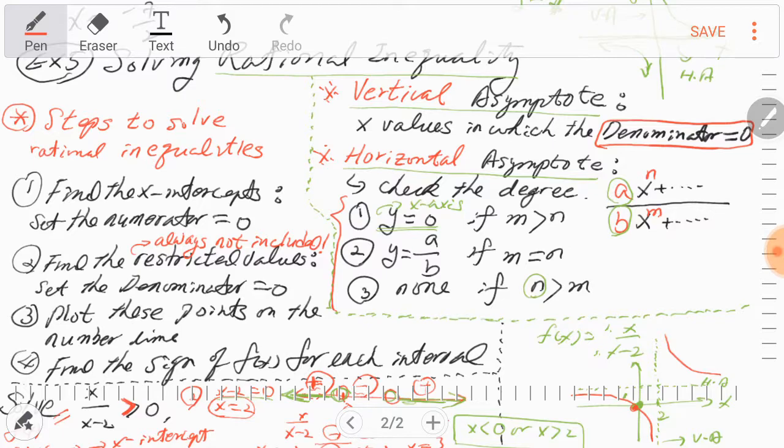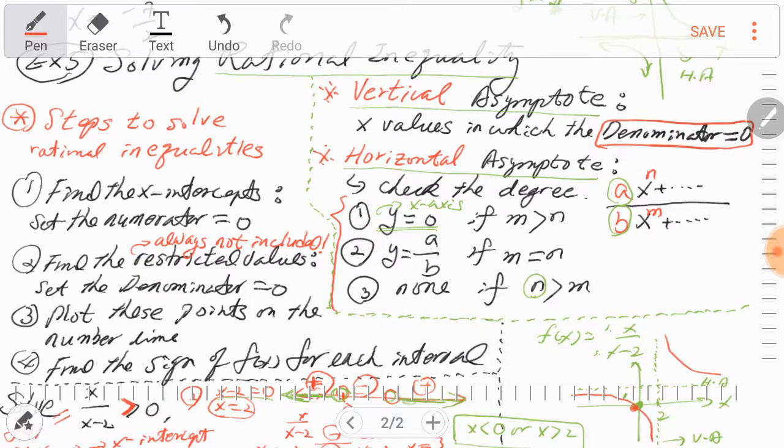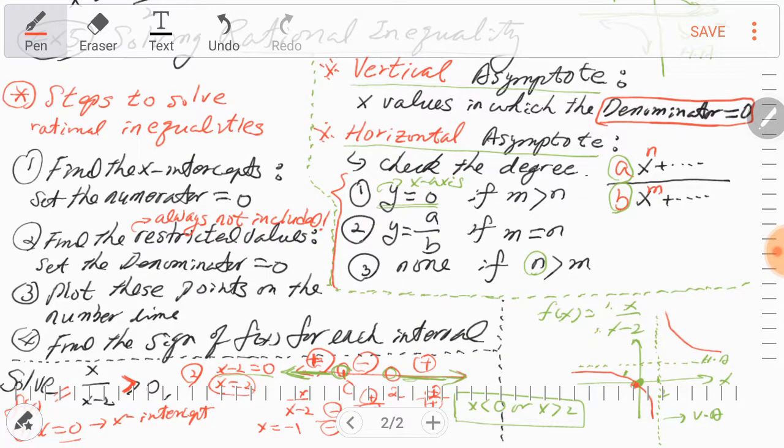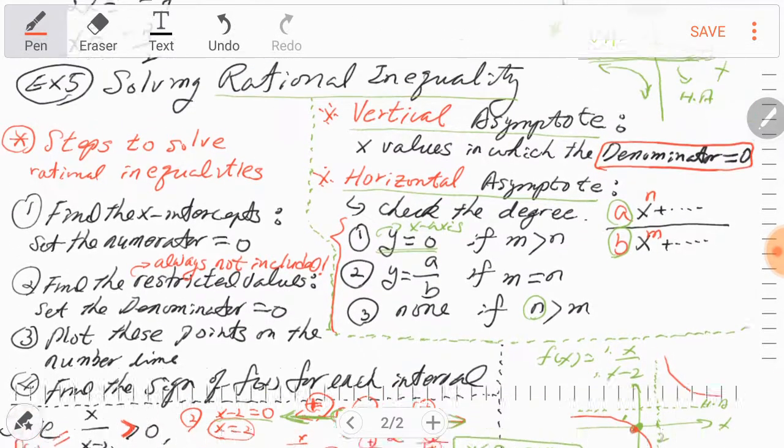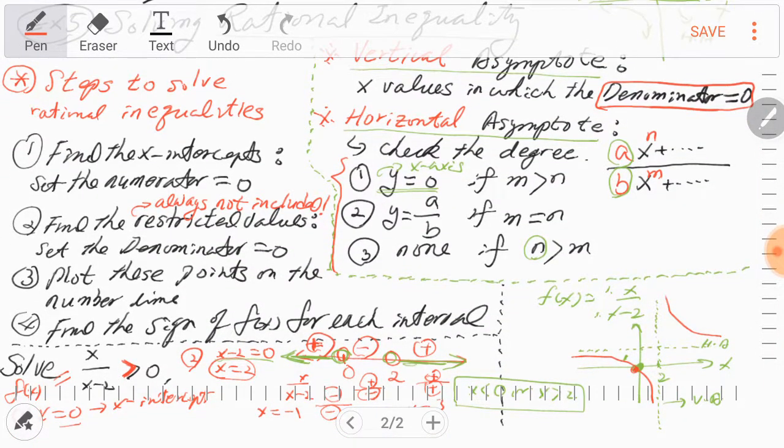If the degrees are the same, then the horizontal asymptote is the ratio of leading coefficients, a over b. And if the degree of the numerator is greater, then there is no horizontal asymptote. So the vertical and horizontal asymptotes are used to graph rational inequalities. And for solving rational inequalities, please understand these steps.